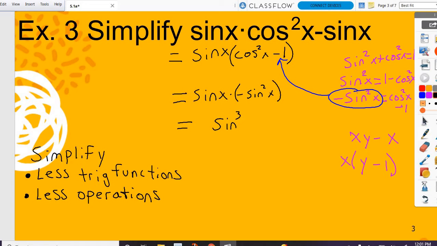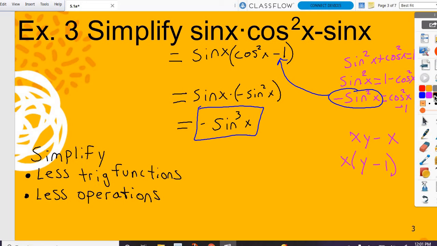A negative. So the negative stays out. So do I have fewer operations now? Yeah. Do I have fewer functions now? Yeah. So that's going to be my final answer. We've simplified it to where I don't have as many trig functions or as many operations. So that would be my final answer.